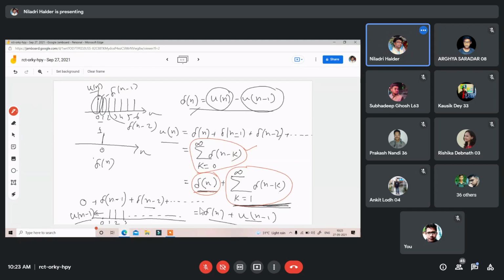Keep in mind, for k equal to 0, we are getting delta n, that is written separately. Now that graph defines for k equal to 1 to infinity delta n minus k. Here k equal to 0 is not there. Okay, sir. So k equal to 0 value will be 0. Yes, that is the reason we will get that type of graph. Okay.